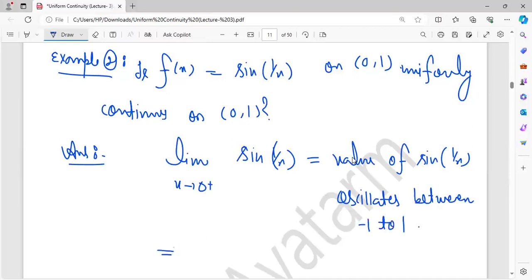So this implies the limit as x tends to 0 plus of sine 1 upon x does not exist.